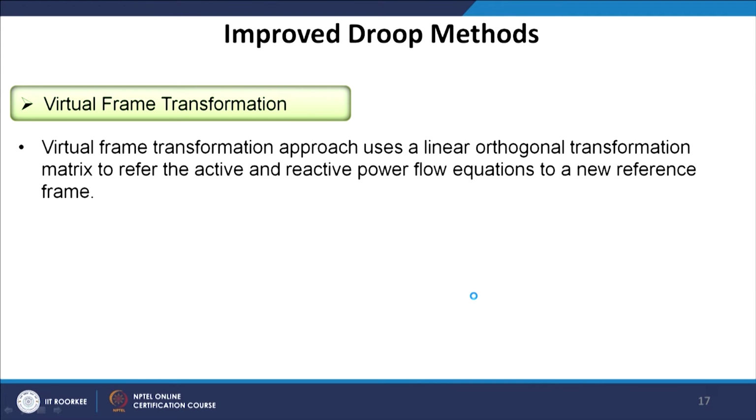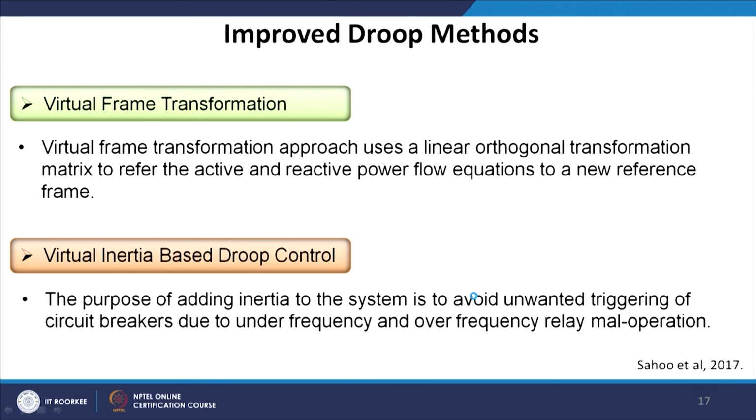Now, the virtual frame transformation approach uses a linear orthogonal transformation matrix to refer the active and reactive power flow equations to a new reference frame. Virtual inertia based droop control: the purpose of adding inertia to the system is to avoid unwanted triggering of circuit breakers due to under frequency and over frequency relay malfunctions.